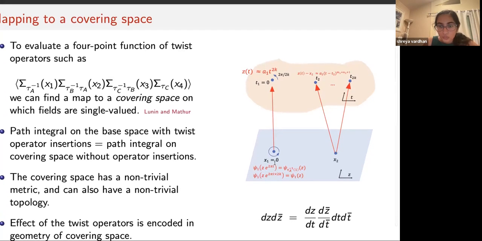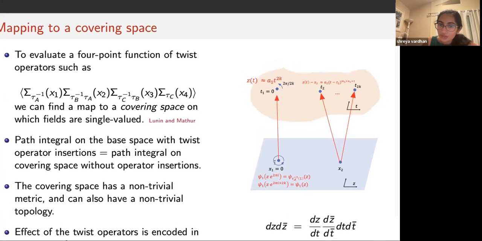So the strategy we want to use is to go from this original space and map it to a so-called covering space on which the fields again become single valued. We do this with a map which locally looks proportional to the original coordinate.